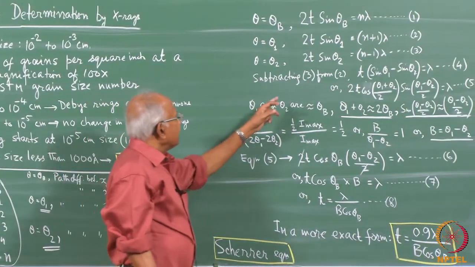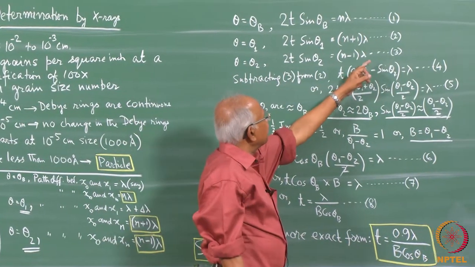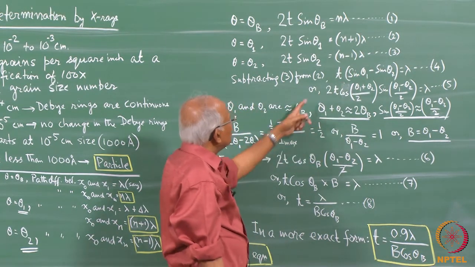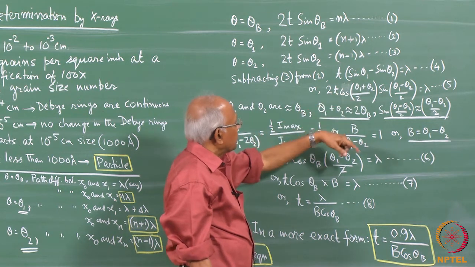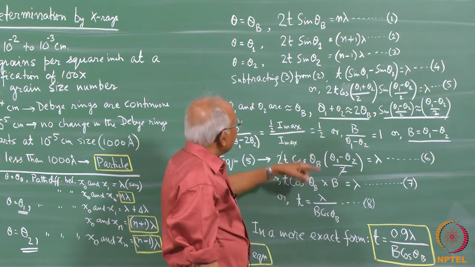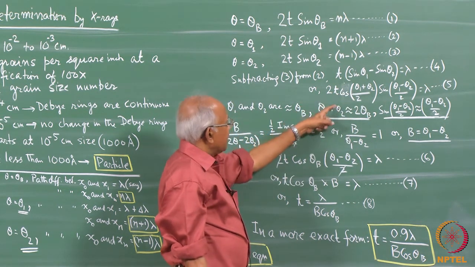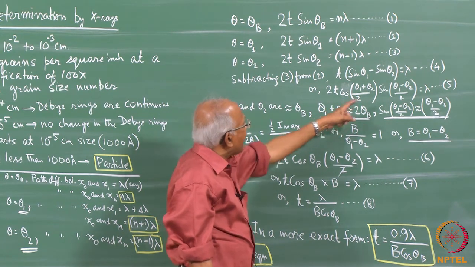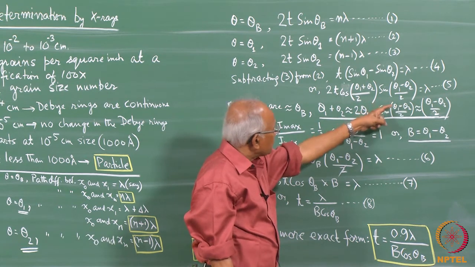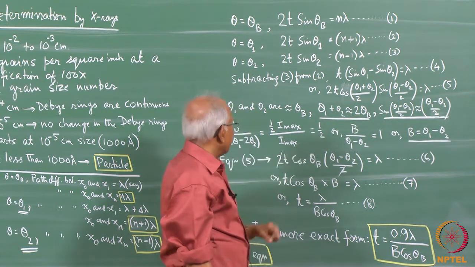Now, if we subtract equation 3 from equation 2, we can write t into sin theta 1 minus sin theta 2 will be equal to lambda, or 2t cosine of theta 1 plus theta 2 by 2 times sin of theta 1 minus theta 2 by 2 equal to lambda.